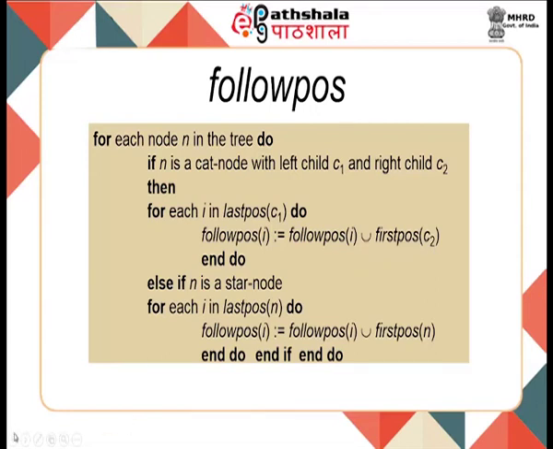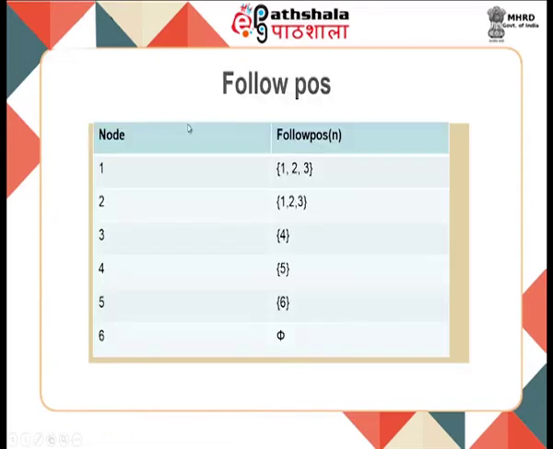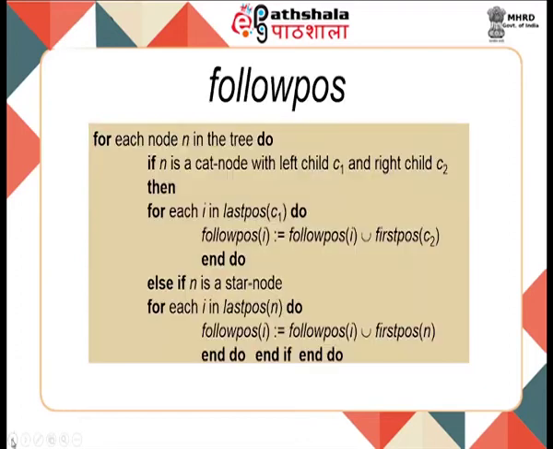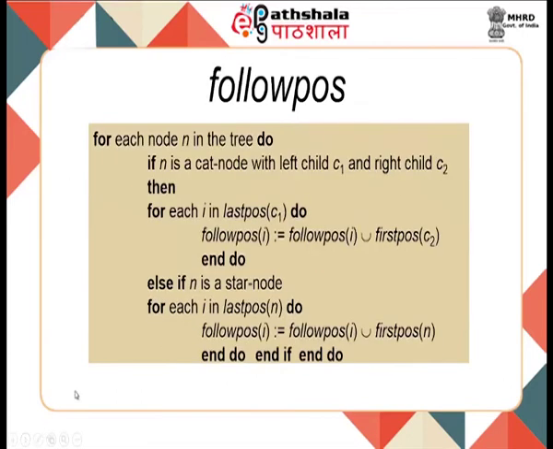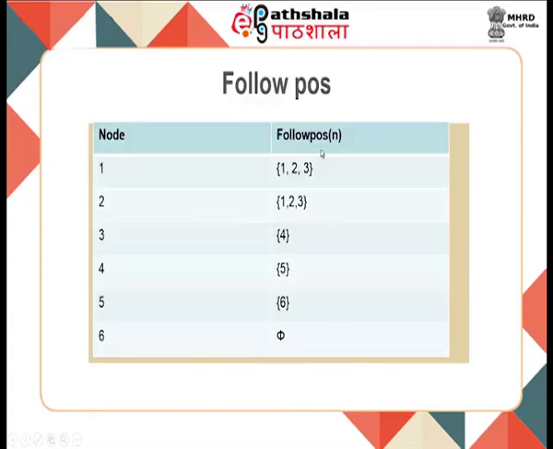So what does it mean? I have to look at the nodes 1, 2. So follow position of this will be follow position of 1 union first position of C2. Now what is C2's first position here? 3. So definitely in 1, 2 I will get 3.